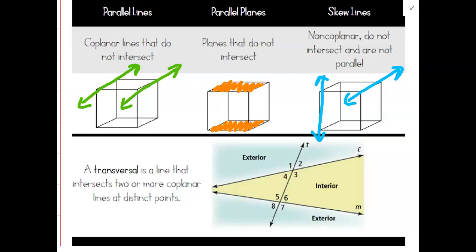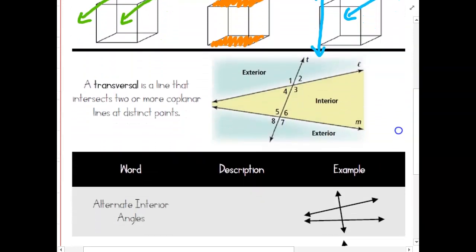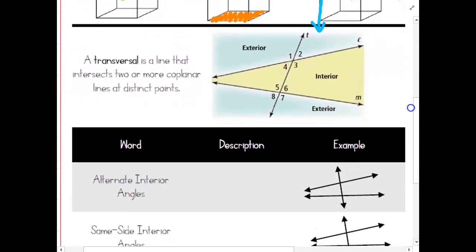Although it may look like they're going to intersect in a two-dimensional view, they wouldn't, because this top one over here would go in front of it. So non-coplanar, they don't intersect, and they are not parallel. We're going to be talking about those a little bit more later today.